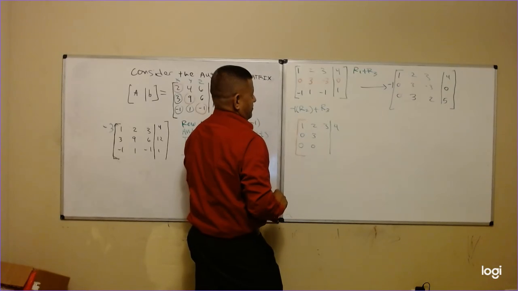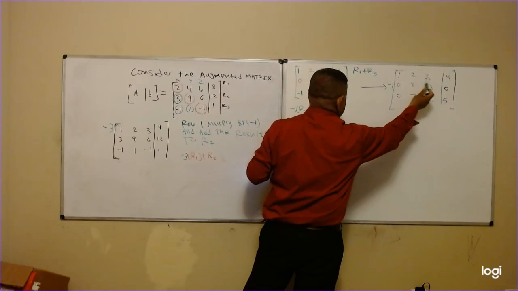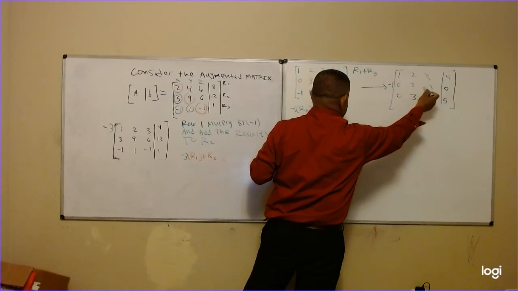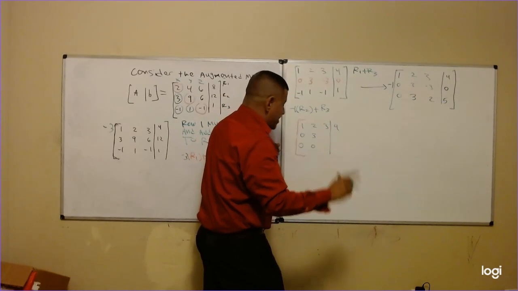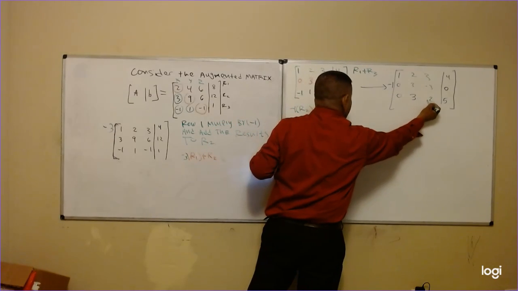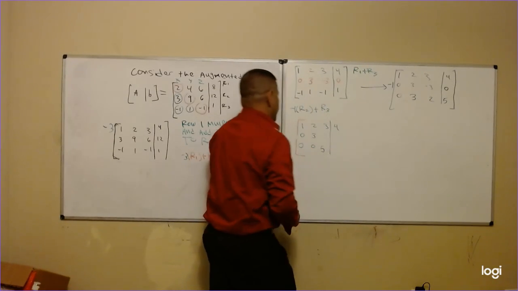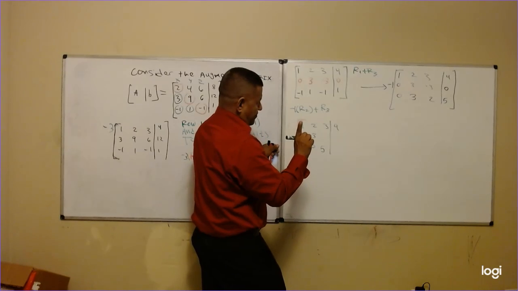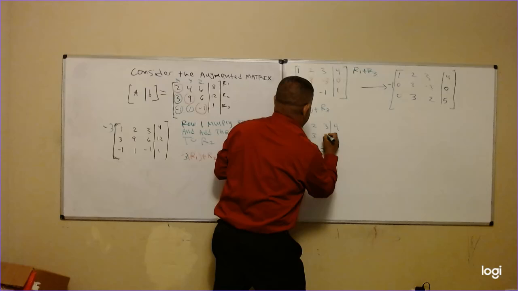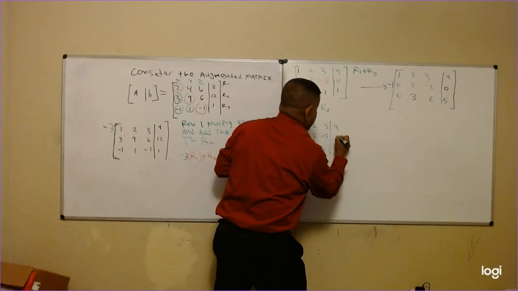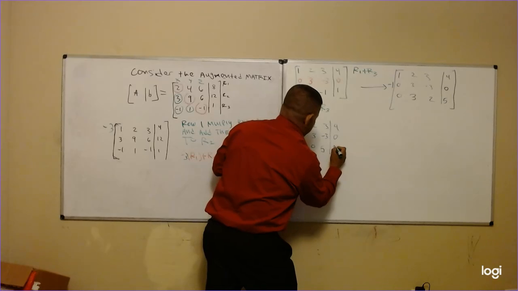Right? Now, negative 1 times a negative 3 is a positive 3. Positive 3 added to 2 is going to be equal to 5. Right? Now, this is still 0. This is a negative 3 here. And this is a 0. Right? Now, this is a 5.